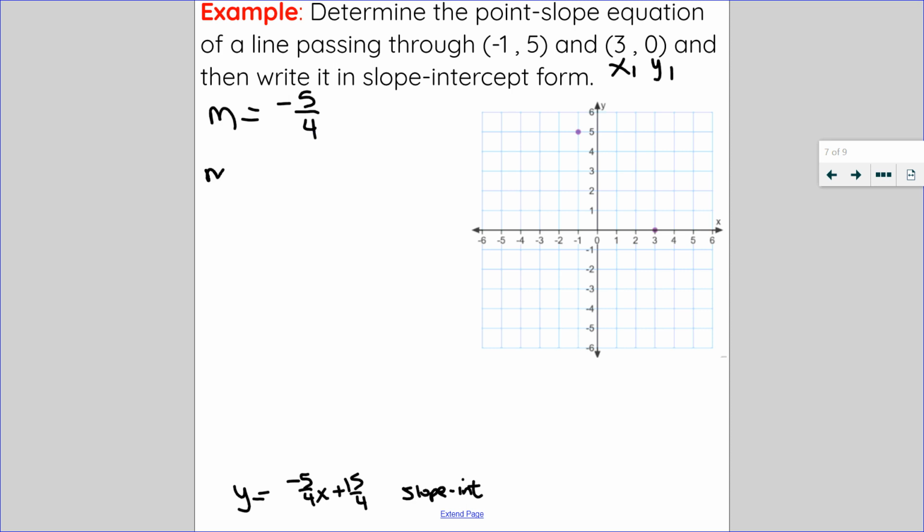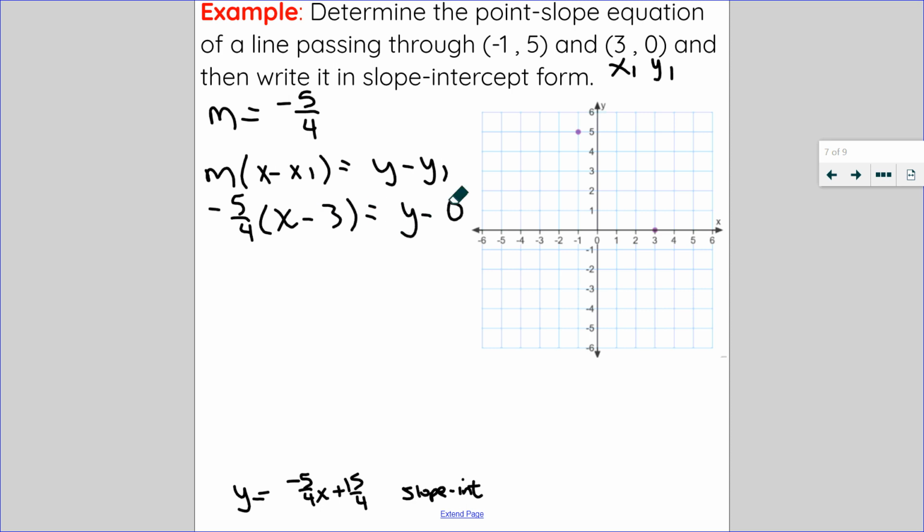So I have m times x minus x1 equals y minus y1. So -5/4 x minus x1, which is 3, equals y minus 0.